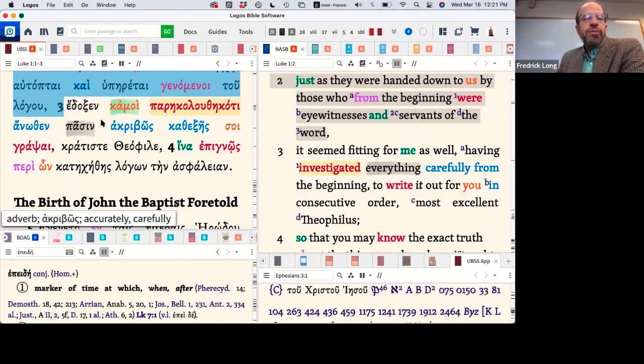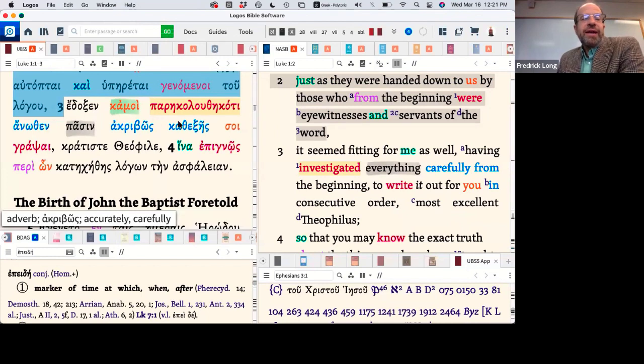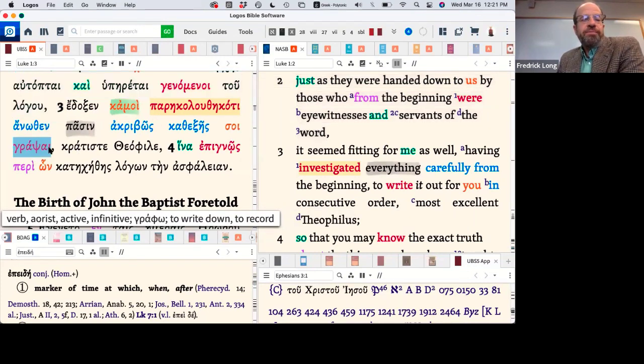Edoxe kamoi parekolouthekoti. It seemed good also to me. And then what seemed good? To write up accurately in order for you.